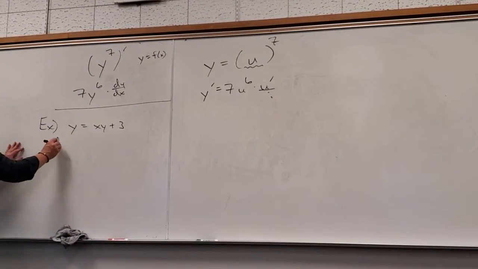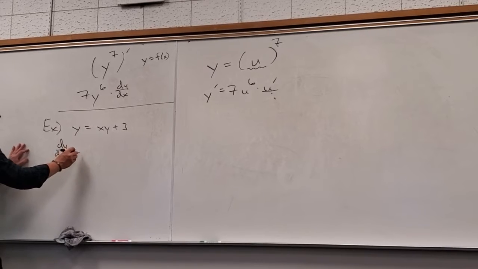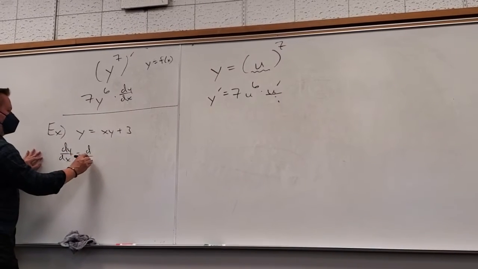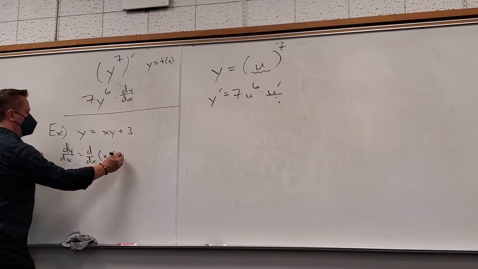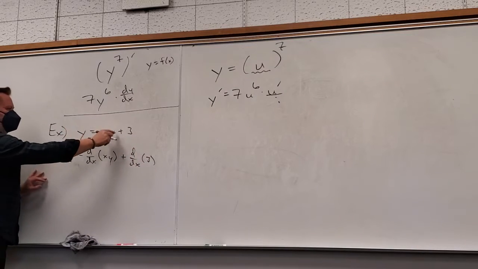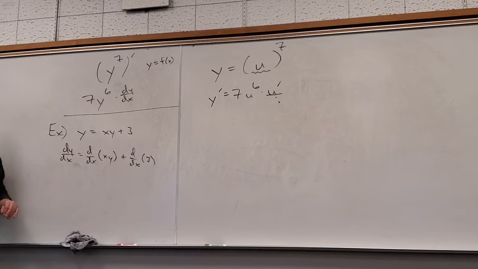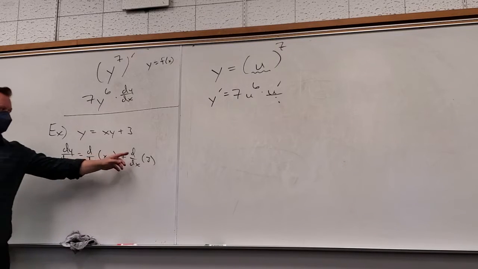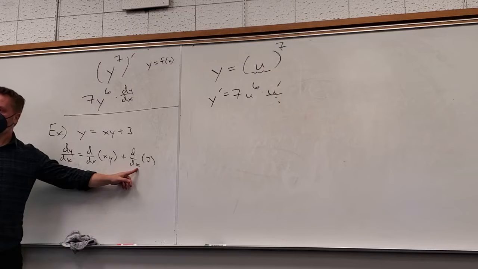So dy dx equals d by dx of xy plus d by dx of 3. I'm going to take the derivative of each. d by dx is basically the same thing as prime, but it's better, because it's telling me what I take the derivative with respect to.